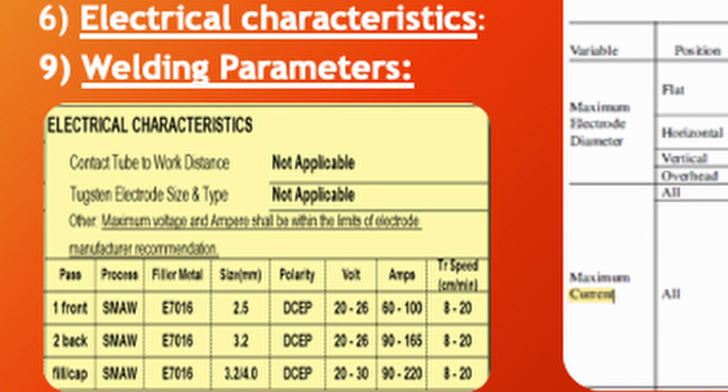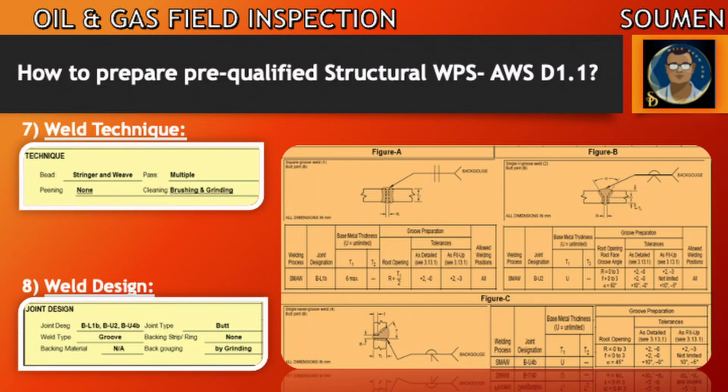For E7016, you can see the passes: first is the front, second is the back, because the joint designation here supports welding from the back also, and there is filling and capping. You can see the diameter of electrode, polarity, voltage, ampere, travel speed, everything.